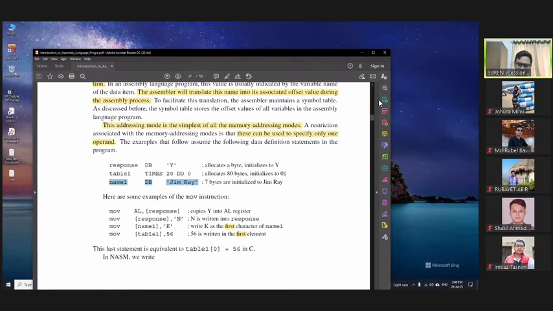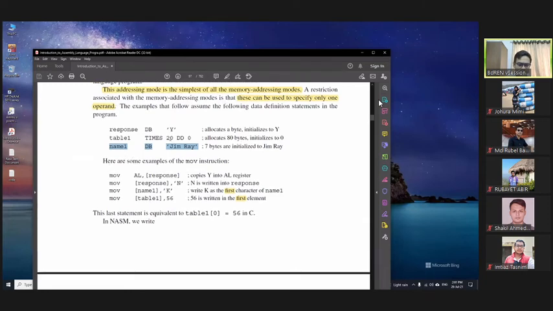For example, we have these two multiple definitions. This one has 20 values, and this one is 7 bytes because we have 7 characters here. If we want to change the second, third, fourth, or any other value, we cannot. We can only change the first one.